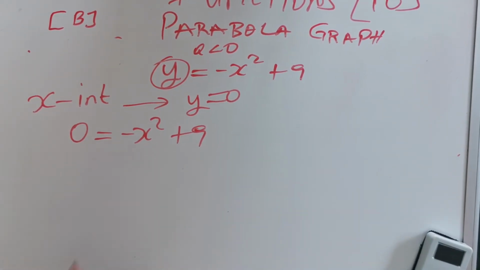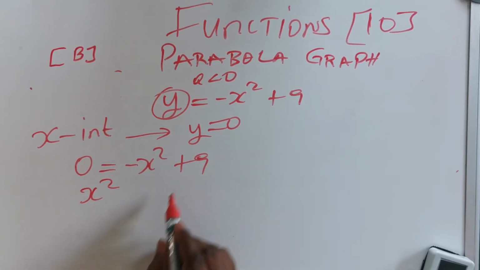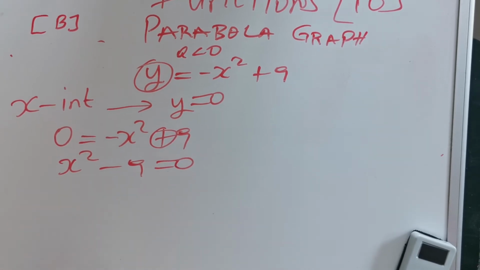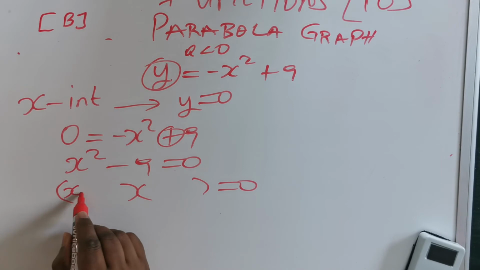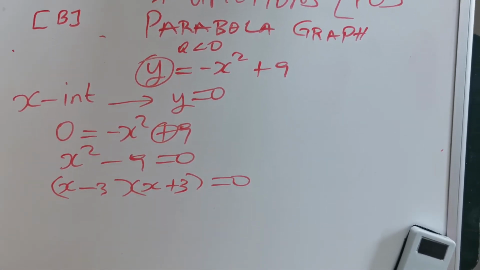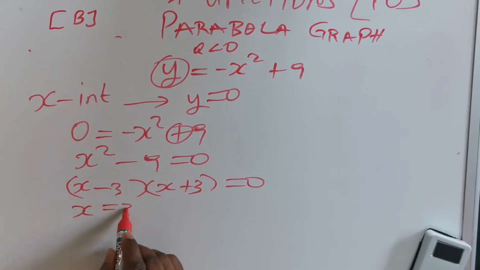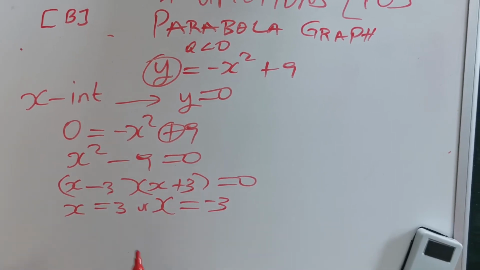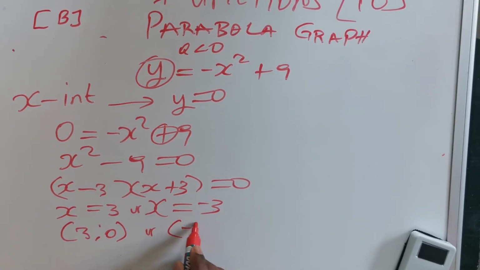This is very important. Look at this one, this is negative. You can transpose it to this side, then it becomes positive. And if you transpose the 9, it would be negative 9, equal to 0. Then this is a difference of two squares, which means this would be x minus 3 and x plus 3. Next, equate each factor to 0, which means your x is 3 or your x is negative 3. In coordinate form, this is (3; 0) or (negative 3; 0).